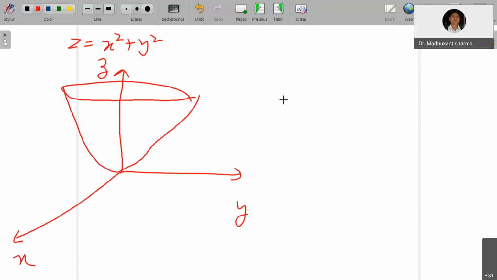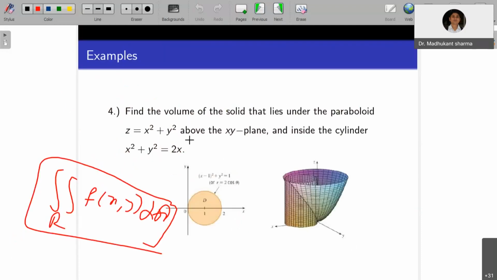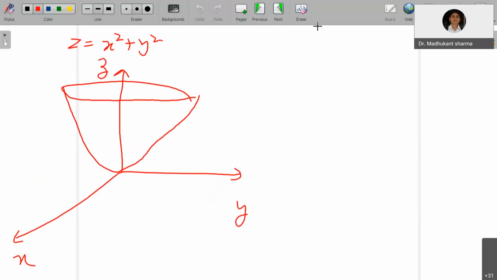Now it lies above the xy plane and inside the cylinder. The cylinder's equation is given to you, that is x square plus y square equals 2x.